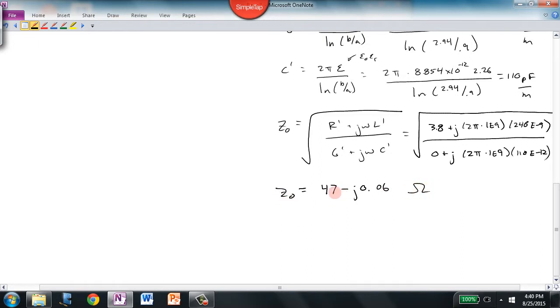So what we notice is that for a lossy transmission line, Z0 is a complex number. It's got a real and imaginary portion. So we call those complex numbers. So interestingly, a lossy T line has a complex characteristic impedance.